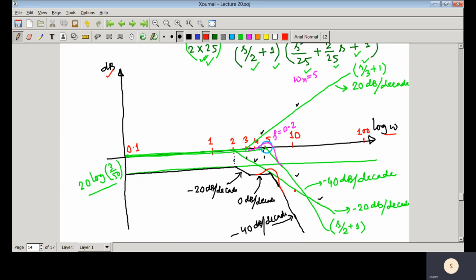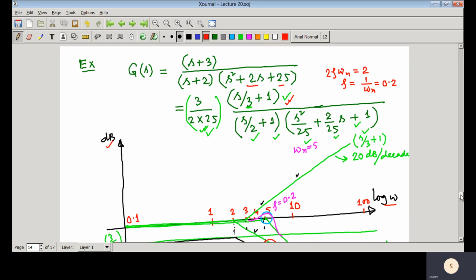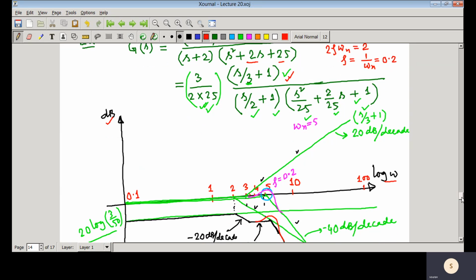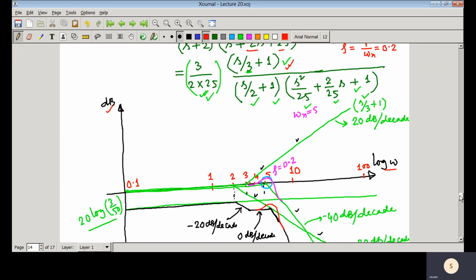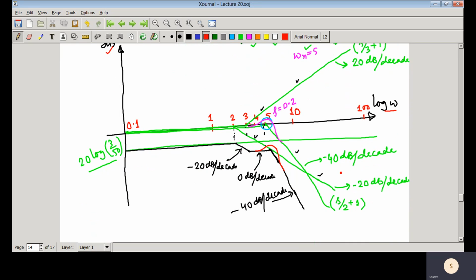So whenever we draw that asymptotic Bode plot, suppose one transfer function is given, and we can just take it in this particular form. What we have done in this particular case, there is one second order term, and for that second order term we can see that the slope is minus 40 dB per decade.